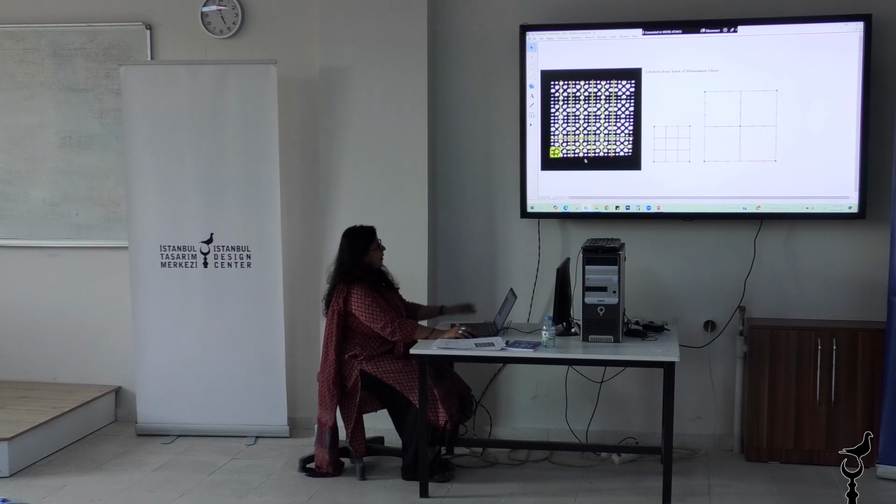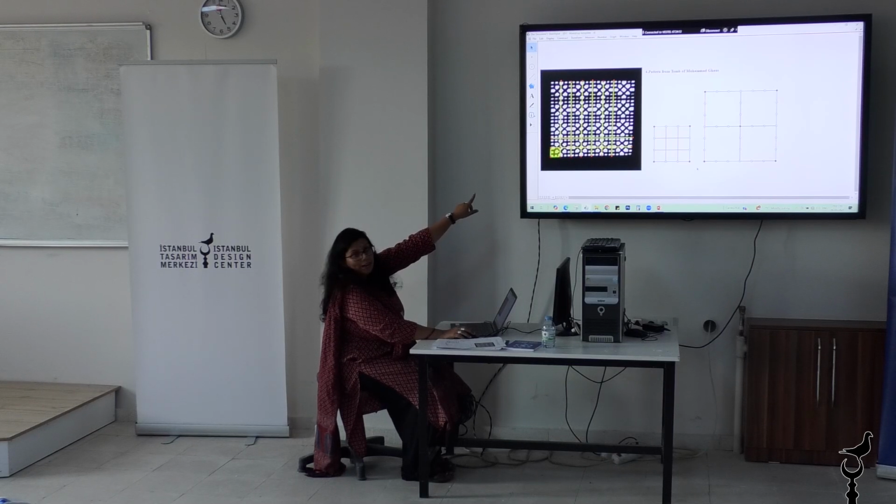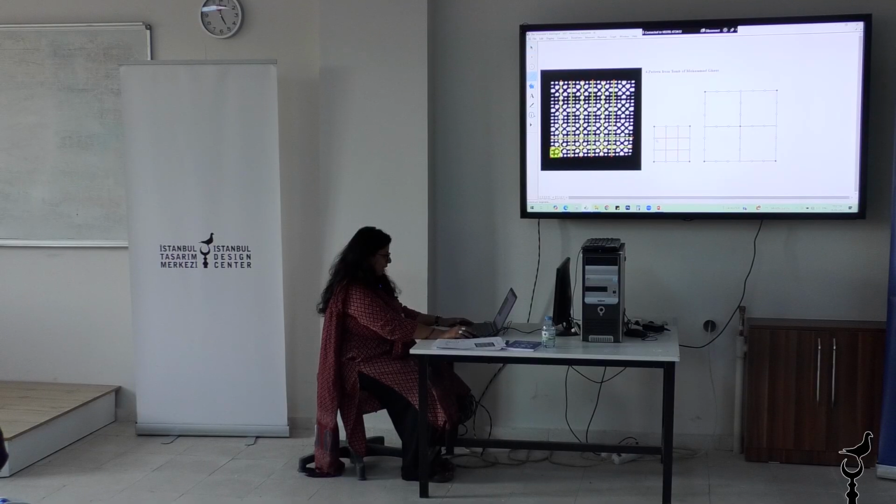And then just observe how this pattern is formed here. Just observe this unit. You have one tiny square which comes here, which is here.